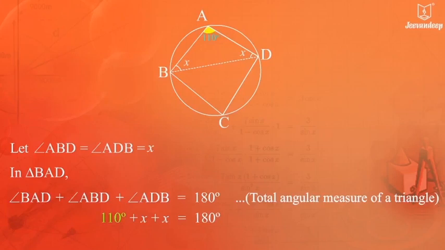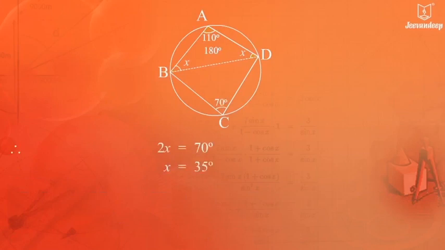Or 110 degrees plus 2x equals 180 degrees. Therefore, 2x equals 70 degrees, or x equals 35 degrees.